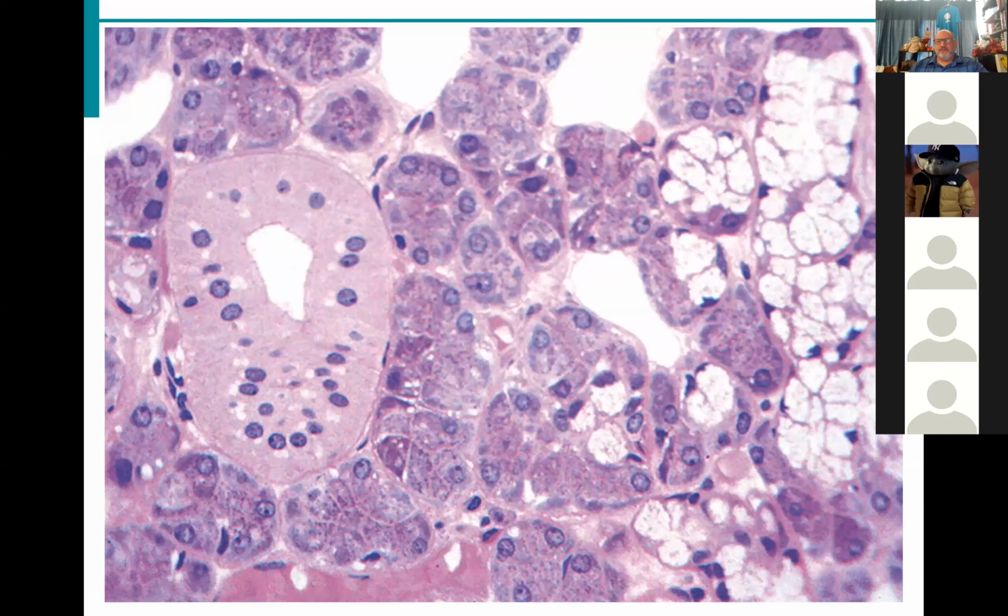When you are looking at the salivary glands, really, when you're looking at most exocrine glands in the body, there's basically two things that you're looking for, because after all, exocrine glands are comprised of two components, ducts and secretory structures.